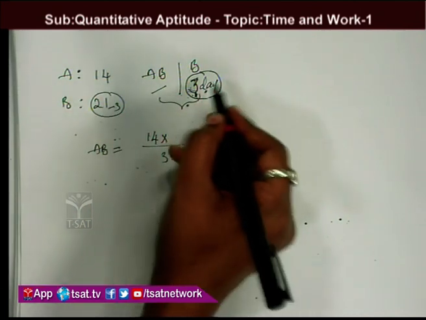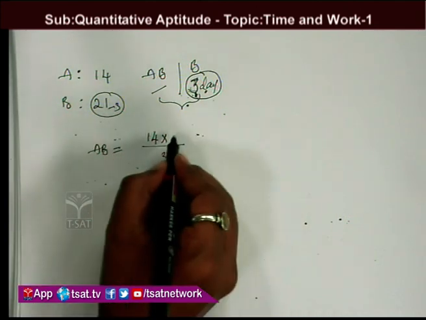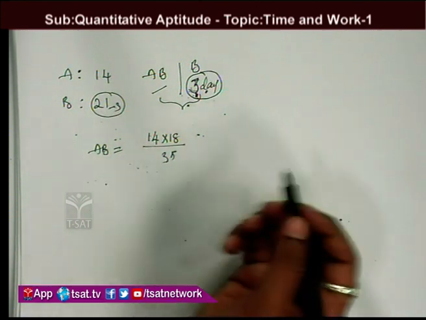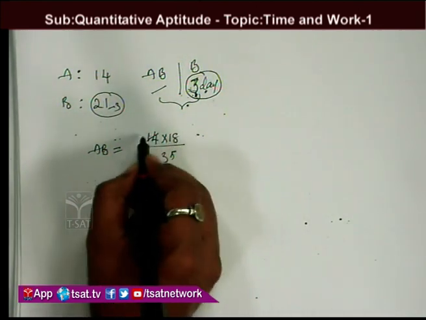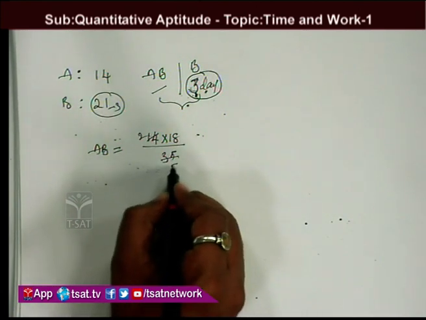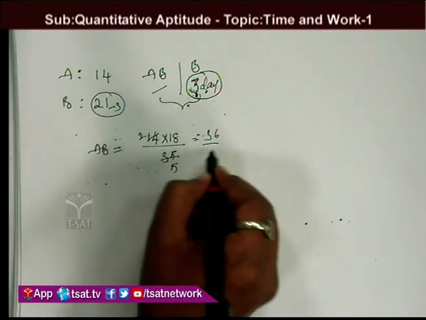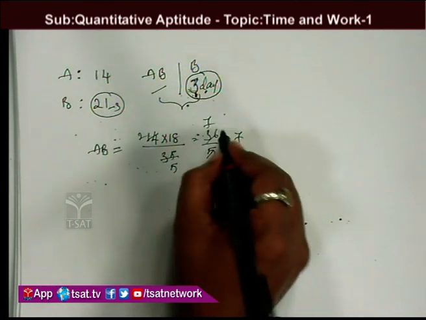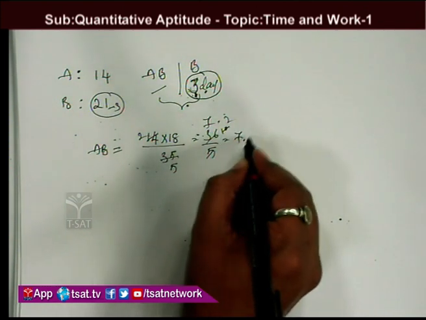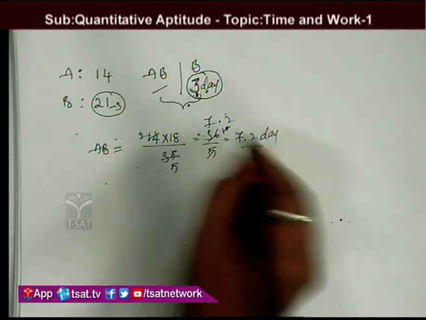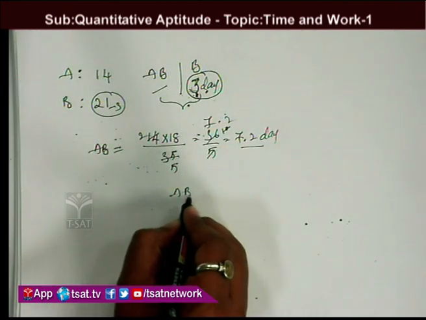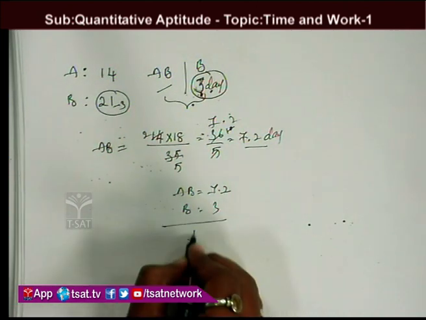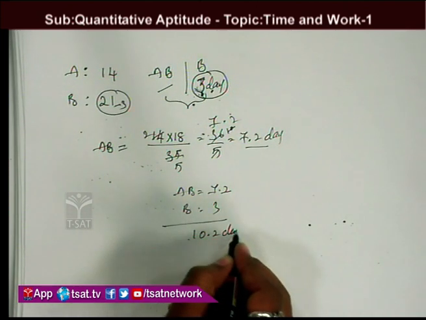B is working alone, so B's value is 21 minus 3, that is 18. So, 14 into 18 is 252, by 35, 7 2s are 14, 7.2 days. A and B work for 7.2 days, and B alone 3 days, so the total work is completed in 10.2 days.